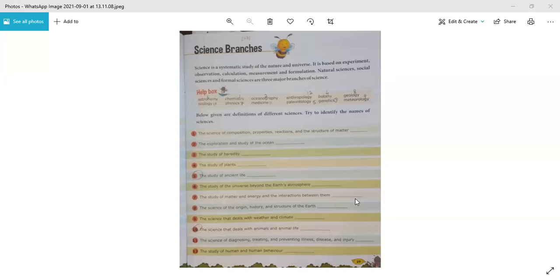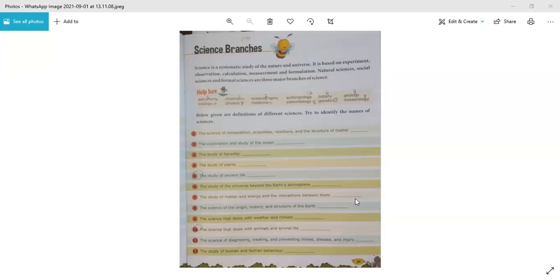And the science that deals with animals' life, that science is what? That science is known as zoology. Okay. I've told you in biology, we study about human beings, but there is another term, zoology, that is related to biology also, but in that only animals and animal life are studied. Okay.